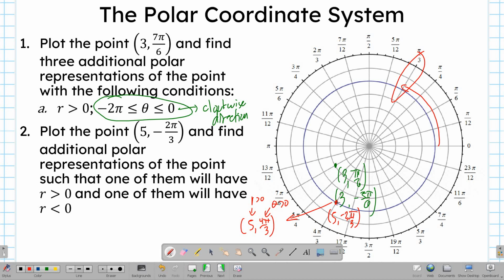To make it negative, we move back there. Therefore, another way to represent this point is (negative 5, pi over 3). So just to show that this is pi over 3, when you go negative 5, you have to go back here. Those are some of the ways we can represent a point using different polar representations.